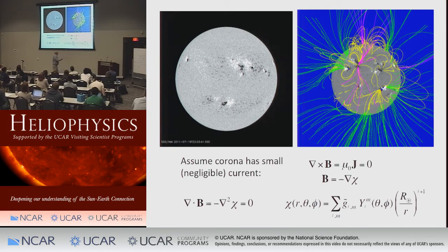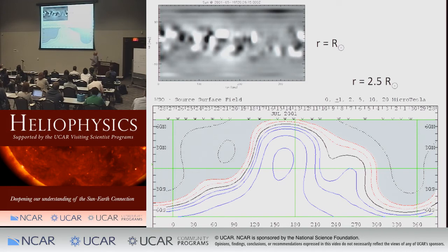Voila. So when we have our spherical harmonics, we have the power of the spherical harmonics falling off with radius. And so if I know the magnetic field at the surface of the sun, because I measure it with Zeeman splitting, then I can extrapolate it. And here it is extrapolated up to 2.5 solar radii. And the blue contours are BZ coming out, or BR, positive BR.